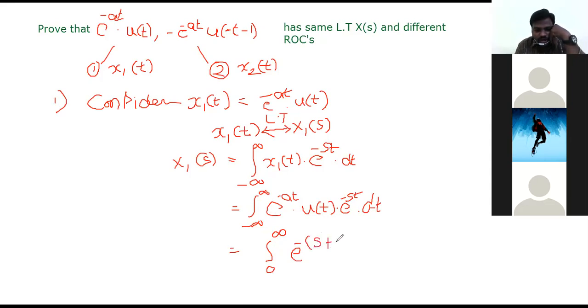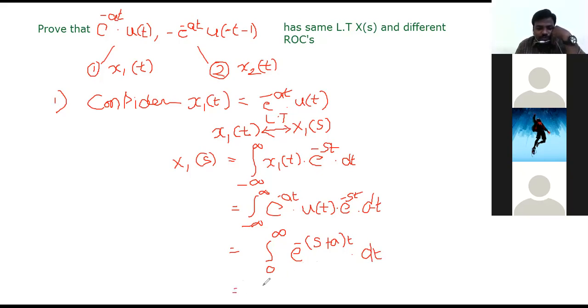Now see here. If I take the negative sign common from both the exponential terms, this is e power minus at and this is e power minus st. So if I take the negative sign common from both terms, you will get s plus a into t multiplied by dt. Okay, is it okay? Now the next step.